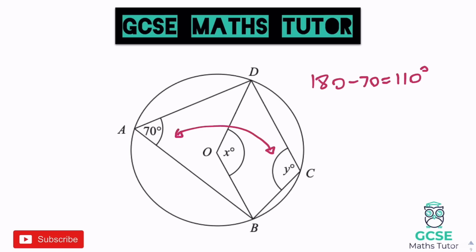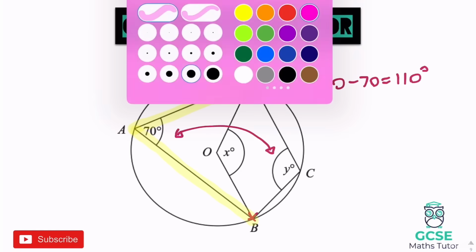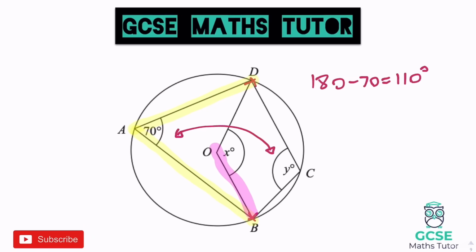The next one here is to find this angle x, and that's going to involve one of our other circle theorems. And when you've got these points made at the centre, I'm just having a look at points D and B, and I always do this with a little highlighter. But if I make this angle 70 here, I can also, from the same 2 points, make this angle here at the centre. And that's one of our other circle theorems. Angles at the centre are double angles made at the circumference from the same 2 points.